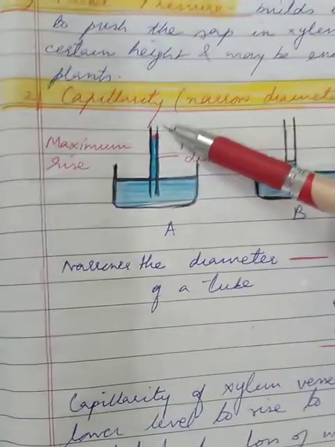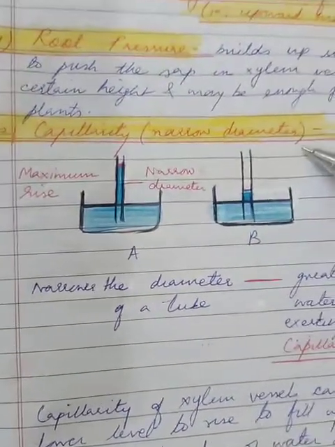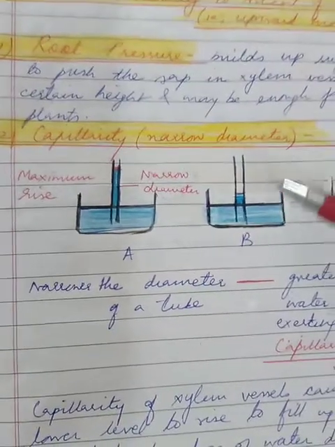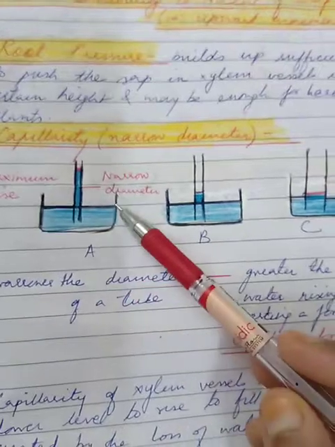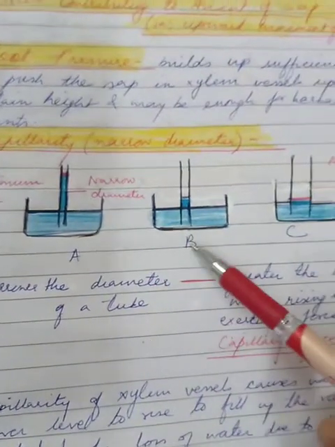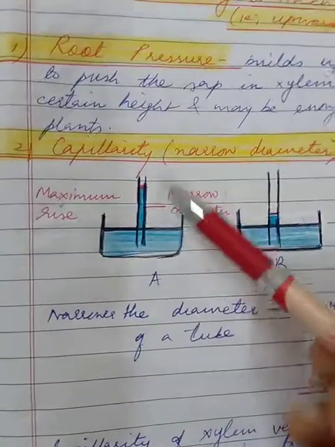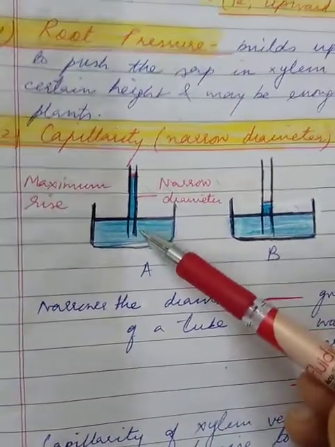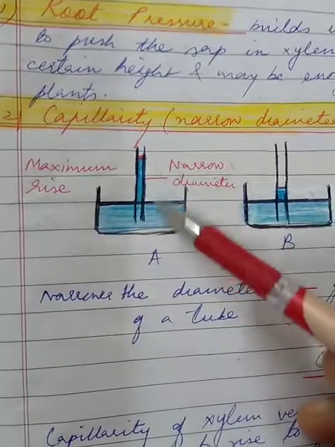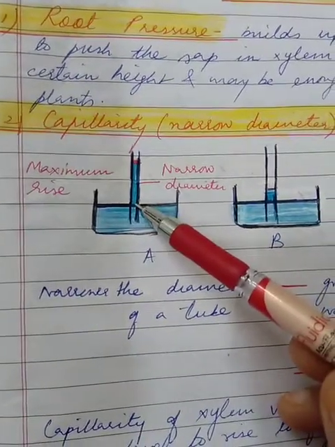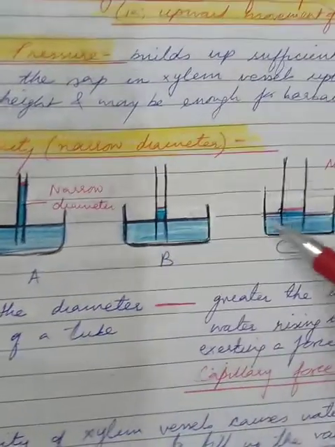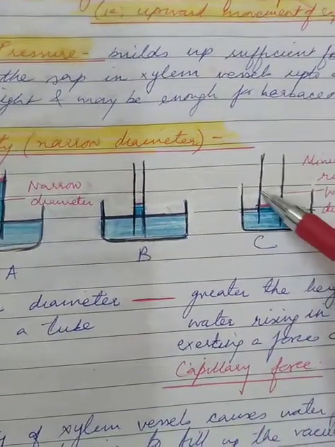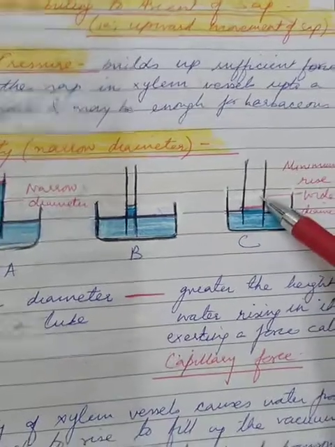We call it capillarity, or the narrow diameter, which we'll study in this diagram. We have 3 setups, 3 small troughs or vessels, A, B and C. What you can see as a difference, children, is the diameter of the glass tube, open at both the ends. This is the most narrow of all diameters in the 3 experiments. This is slightly wider, and this is the widest diameter of the lumen.